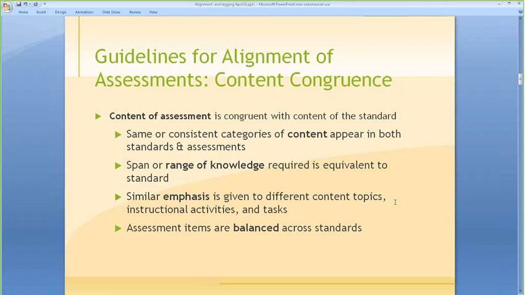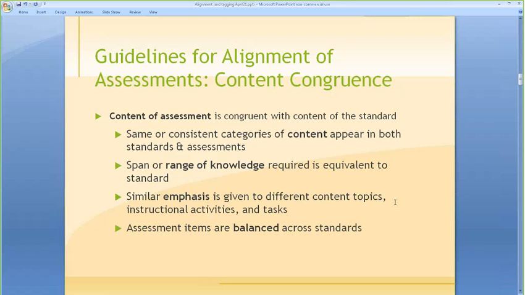In Standard 1, for example, you have most of your content and pedagogical knowledge and skills. Across the various components, 1.1 through 1.5, there are a variety of assessment items that you can extract from those standards, including the 4 NTASC categories that I've already mentioned.